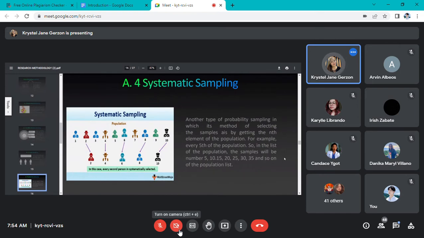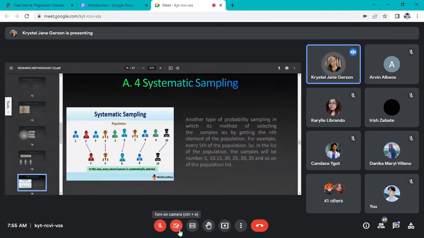Then systematic sampling, this is still under probability sampling. What will happen here is that all the members of your population are involved. Let's say your target population is STEM, and your title is the correlation of self-esteem and academic performance of STEM students.